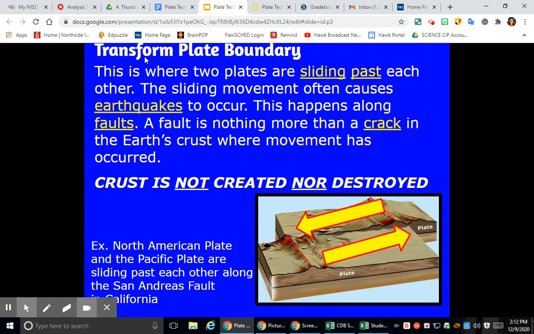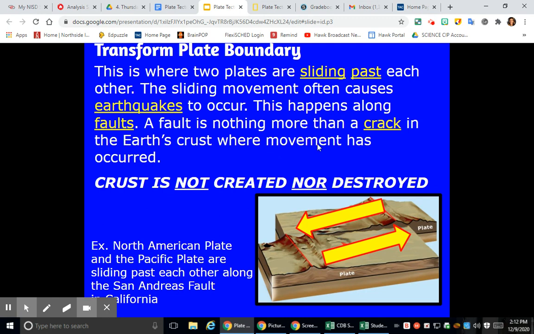Now we're going to talk about another type of plate boundary. It's the transform plate boundary. This is where two plates are sliding past each other. The sliding motion often causes earthquakes. In fact, earthquakes occur at all three boundaries. This happens along faults, so the crustal formation would be a fault that forms at a transform boundary.